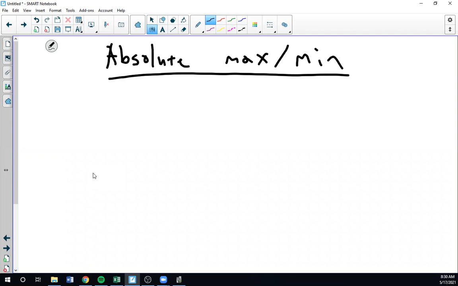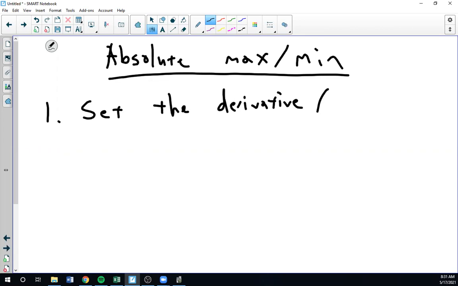In general, here are your steps for absolute max and min. Set the derivative, or rate, depending on how the question is worded, of the function that you're looking for the max and min of, equal to 0.